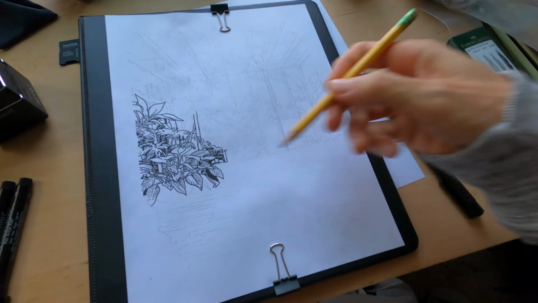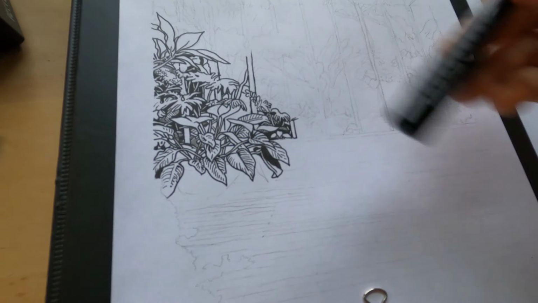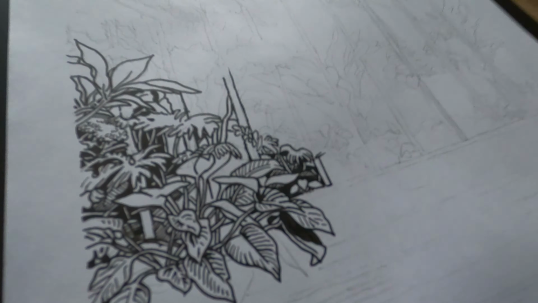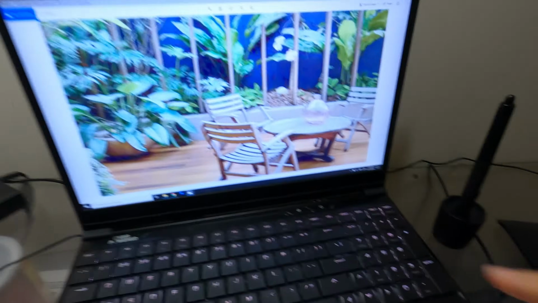So yeah, we have the pencil sketched in. It's very rough, and then we go back in with the ink pen and kind of refine it further. We start looking at the reference and checking where stuff aligns, and going back and forth as we ink things in.